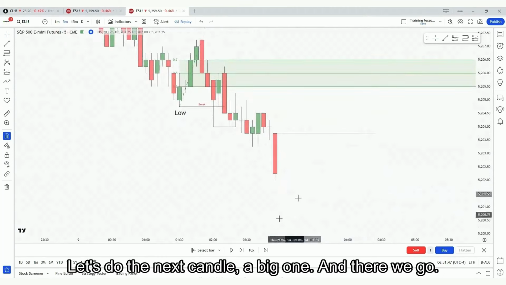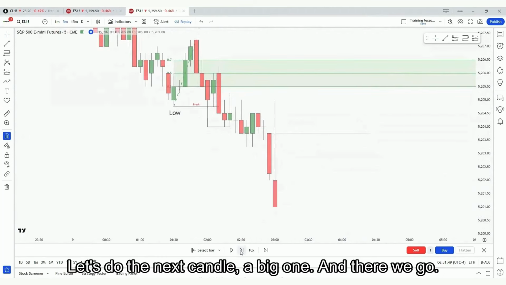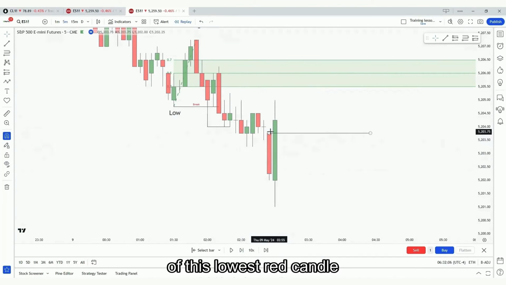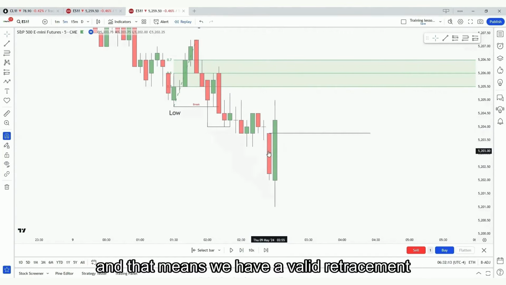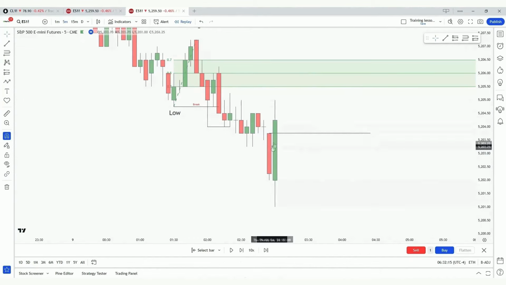Let's do the next candle. A big one, and there we go. This was our lowest red candle. We have a green candle closing above the high of this lowest red candle. And that means we have a valid retracement and a new lower low.